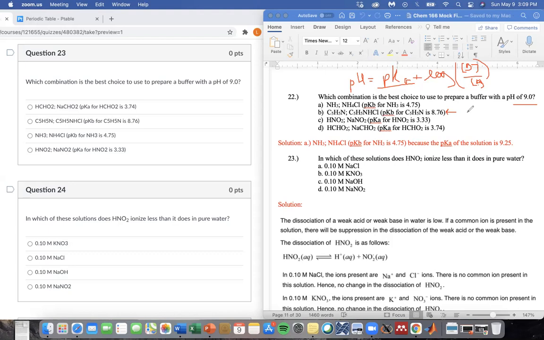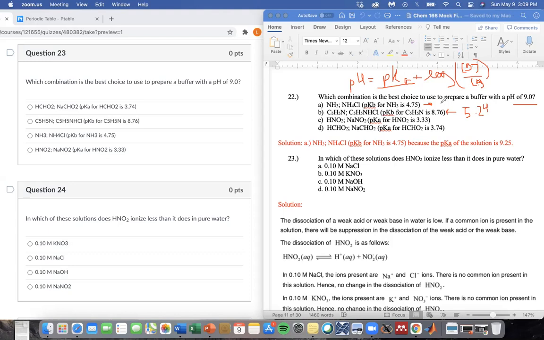And so your pKa of the solution is actually 14 minus that. If you did 14 minus 8.76, you'd actually get a pKa value of 5.24, and that's way lower than what you're anticipating here. Then you can convert this one also into a pKa.